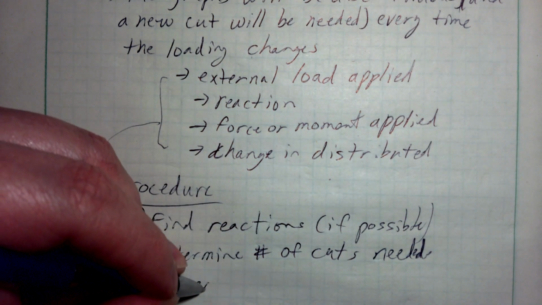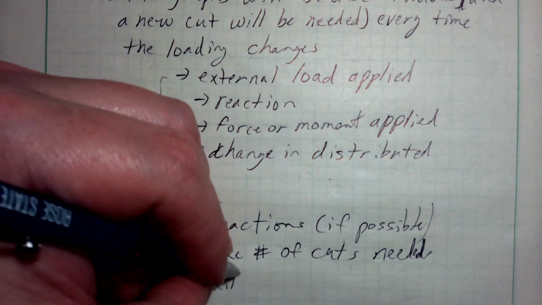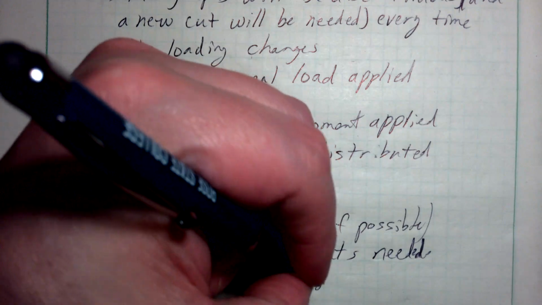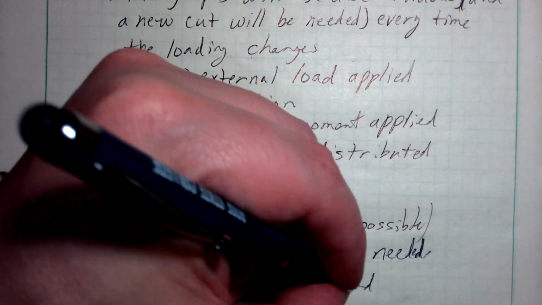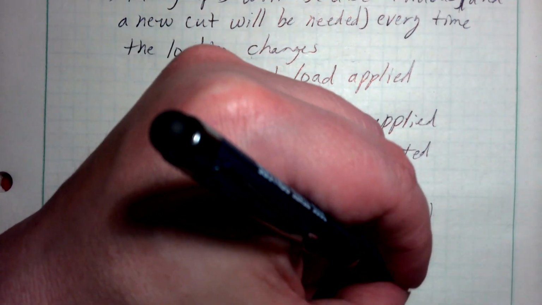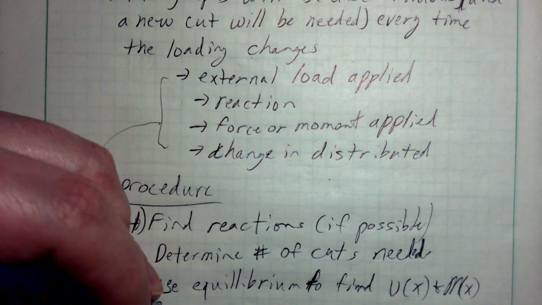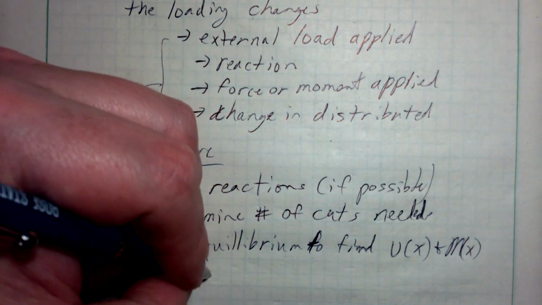Step 3 is use equilibrium to find shear as a function of x and moment as a function of x for every cut.